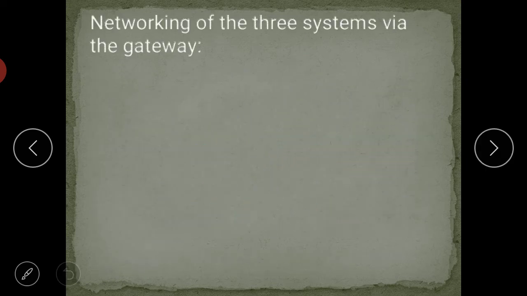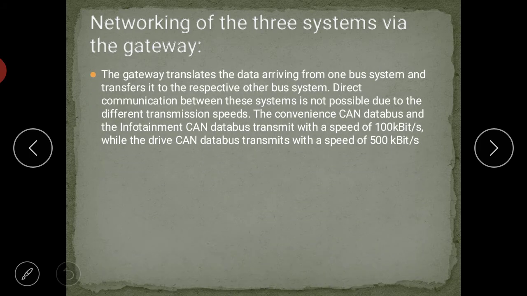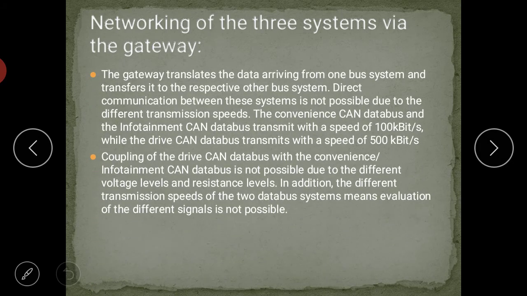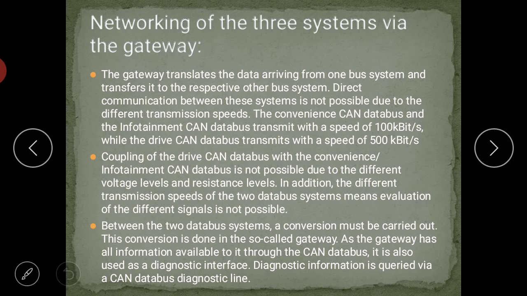Now, networking of the three systems via the gateway. You can network different database systems. Let us suppose the drive CAN database has a 500 kilobyte per second speed of data transmission, and let us take the convenience CAN database and infotainment CAN database, which have a speed of 100 kilobyte per second.